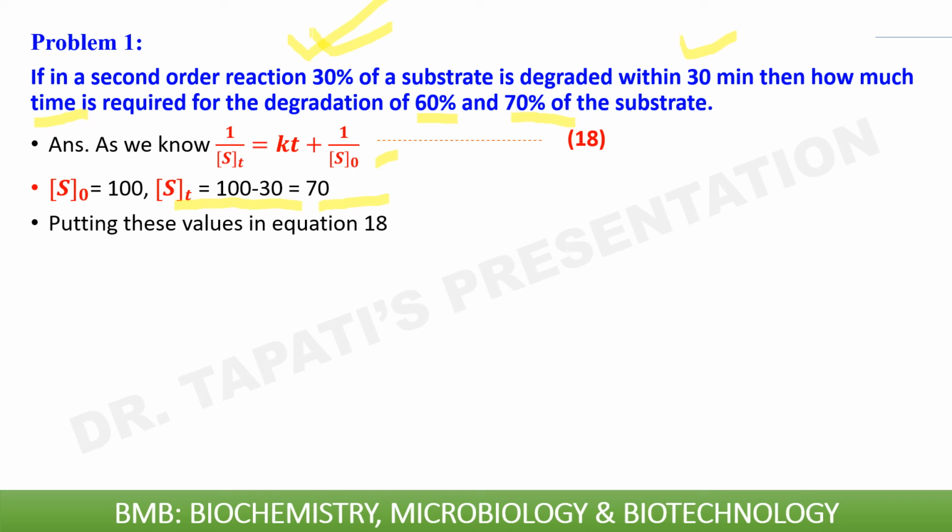If we put these two values S0 and St in equation 18, we will find 1 by 70, 70 is St, is equal to K into T, T is 30 minutes, plus 1 by 100, 100 is S0.